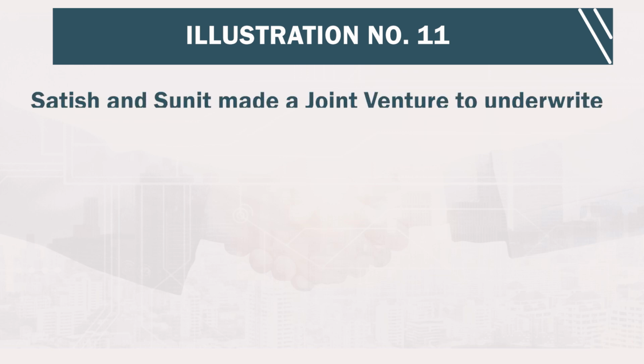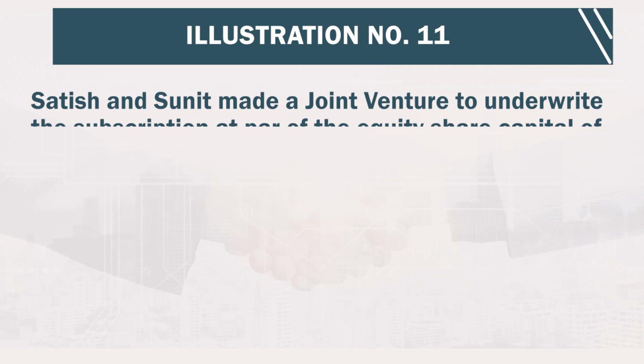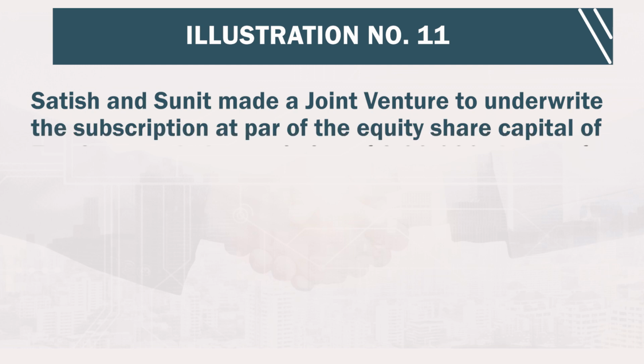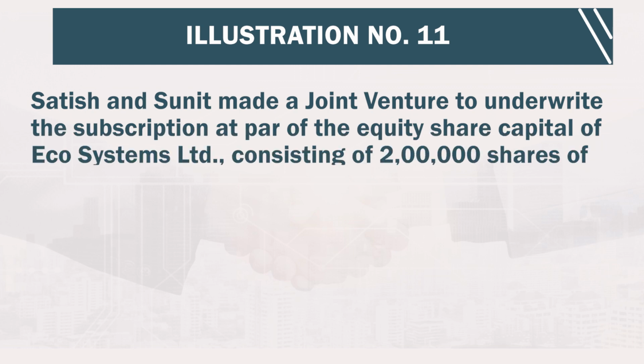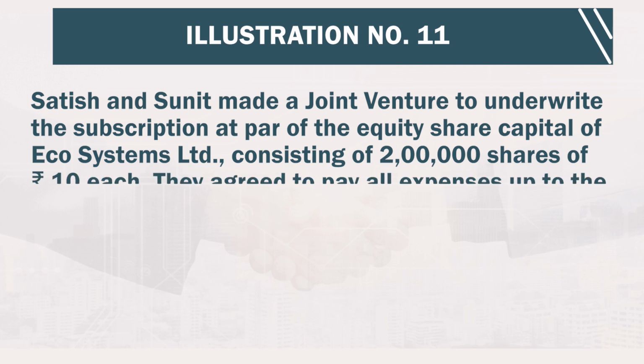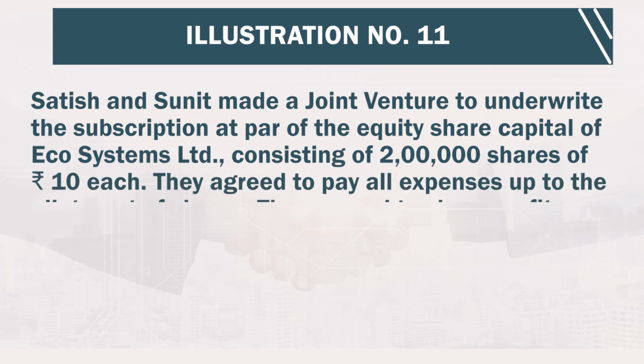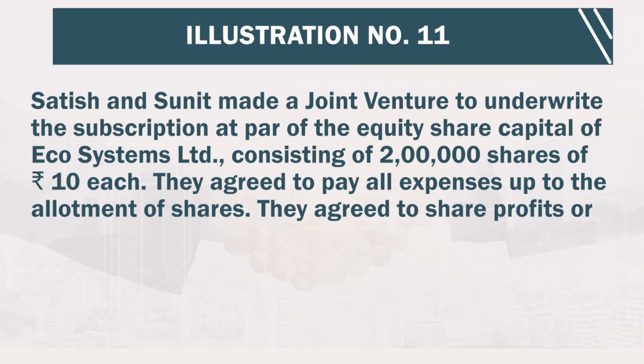Satish and Sunit made a joint venture to underwrite the subscription at par of the equity share capital of Ecosystem Limited, consisting of 2 lakh shares of rupees 10 each. They agreed to pay all expenses up to the allotment of shares. They agreed to share profit or losses in the ratio of 3:2.